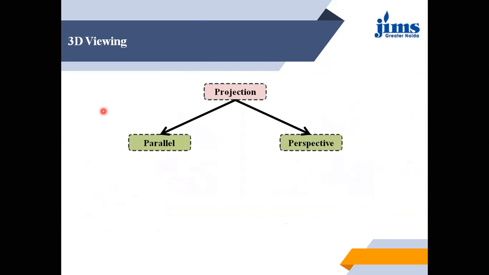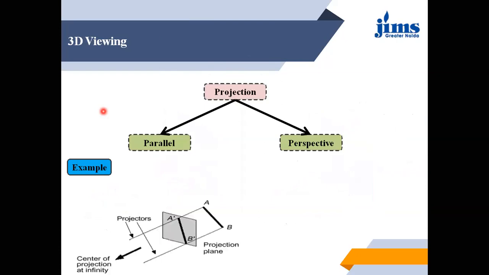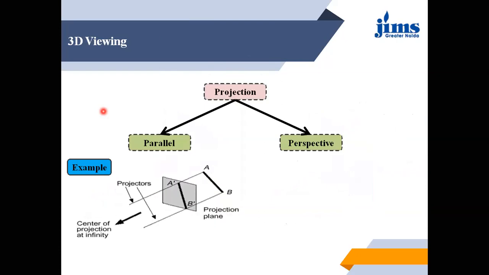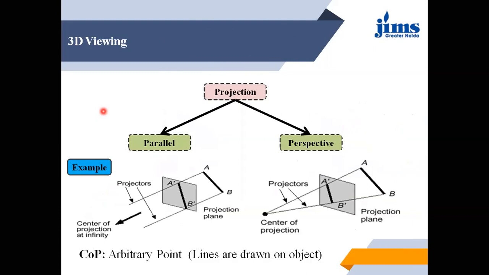There are basically two types of projections we are studying here: parallel projection, where the COP is at infinity, and perspective projection, where it is at a distance. COP is called the center of projection, that is an arbitrary point from where all the lines are drawn on the object.